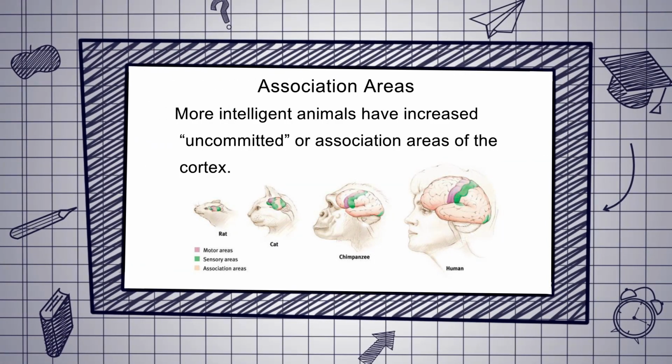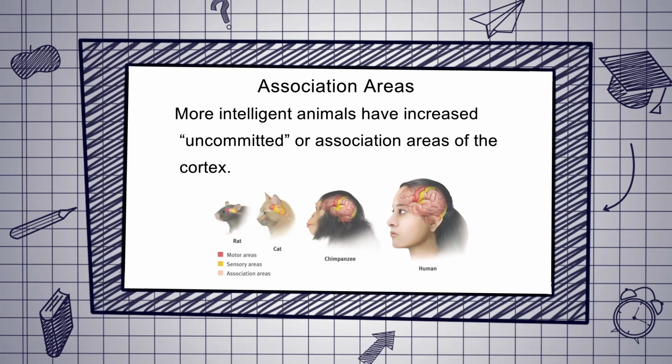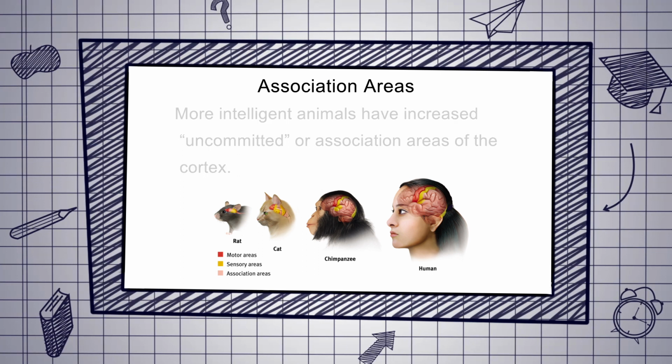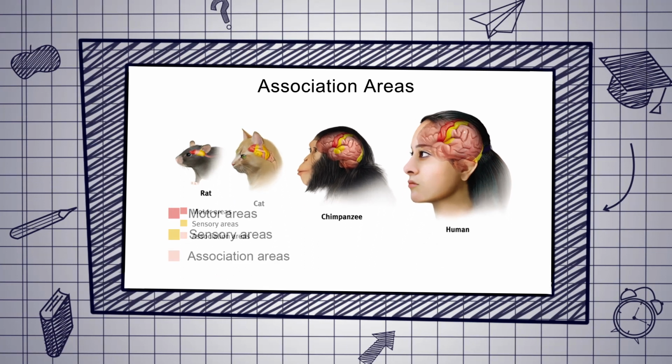Now let us compare the brain area of different species. In this illustration, we can see the comparison of brain areas of rats, cats, chimpanzees, and humans. What is outlined in red and yellow are the primary motor area and its corresponding sensory area.